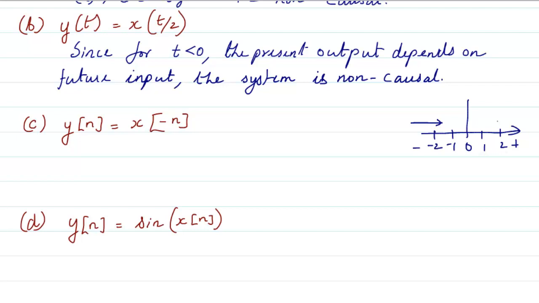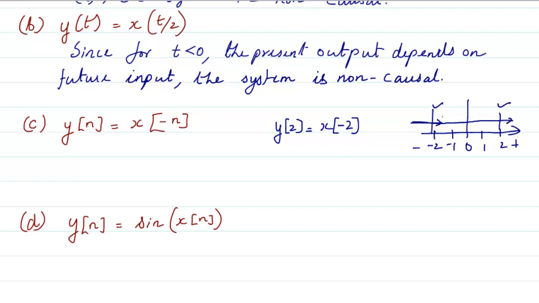If I take the output at n equal to 2, I will get y(2), and the value of y(2) is x(-2). That means what happened at x(-2), which is actually at this time. So you can see that time is moving like this. If you are trying to take an output here, its value depends on the value at x(-2). That means it is some previous value.